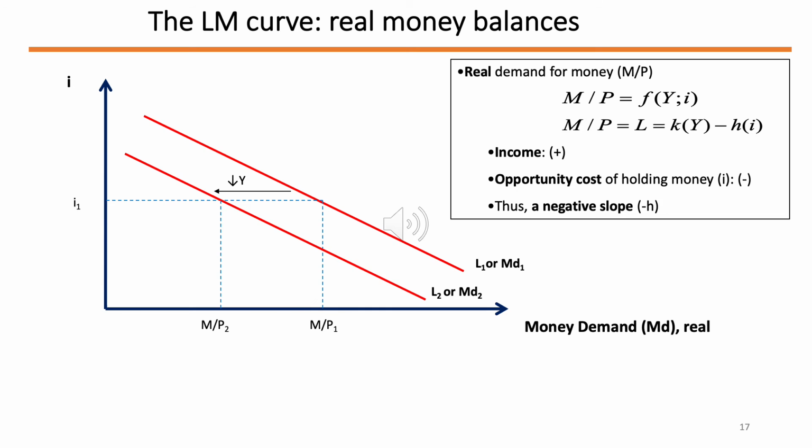The assumption here is that the higher the level of income in the economy, the higher the ability of people to engage in transactions, to buy more goods and services. Therefore, they will be demanding more monetary units in order to buy more. That's why there is a positive relation between the level of income and the demand for money in real terms.